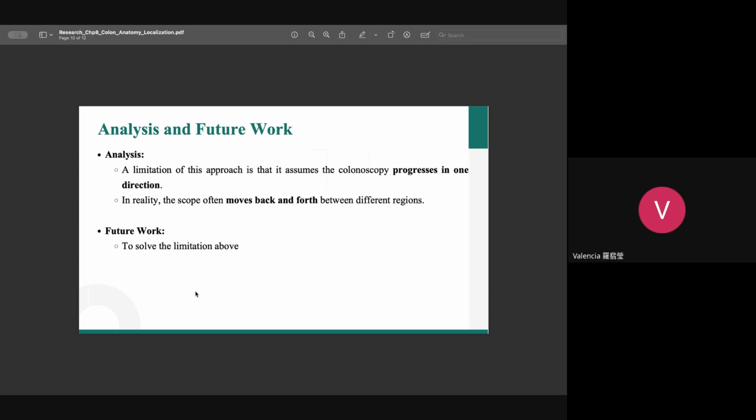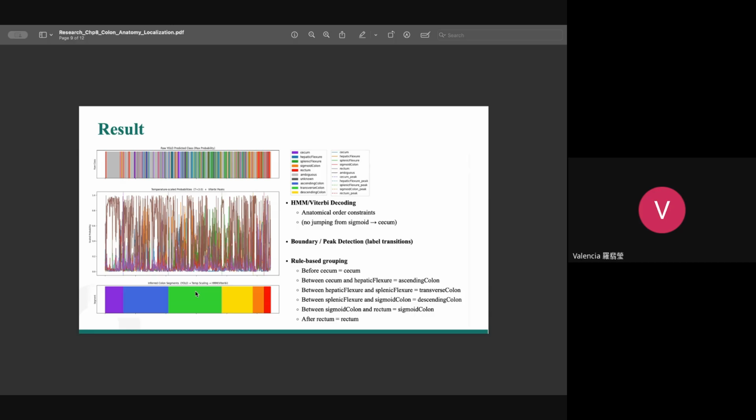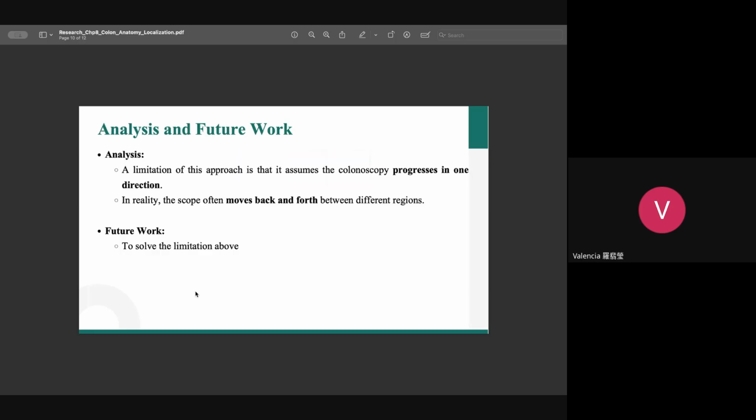The limitation of this approach is that it only assumes progression in one direction. In reality, some doctors during colonoscopy move back and forth between different regions. Another feature can solve this limitation.